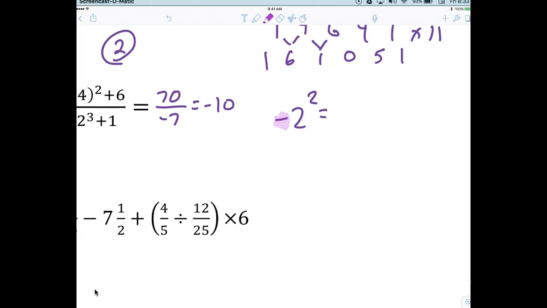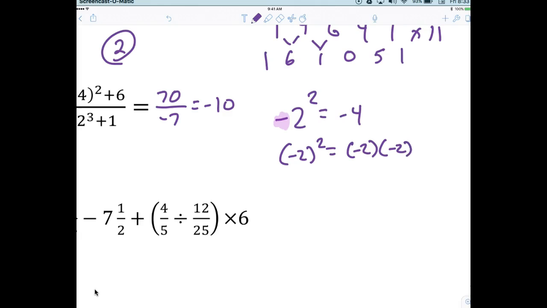What's 2 squared? 4. So what's the opposite of 4? That's why that is written as -4. Now, if I said this, what's that answer? That's 4. Because this time that means -2 times -2.